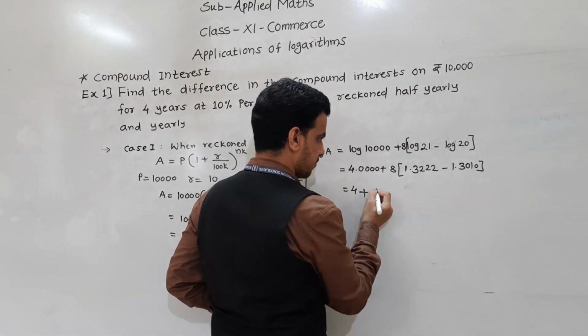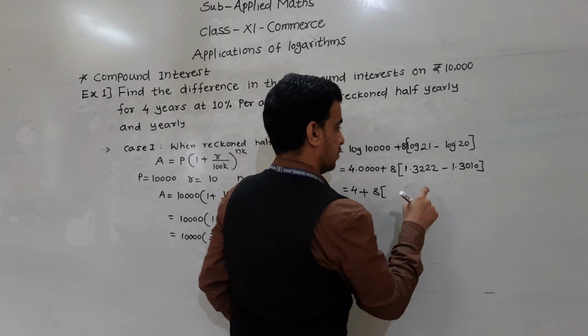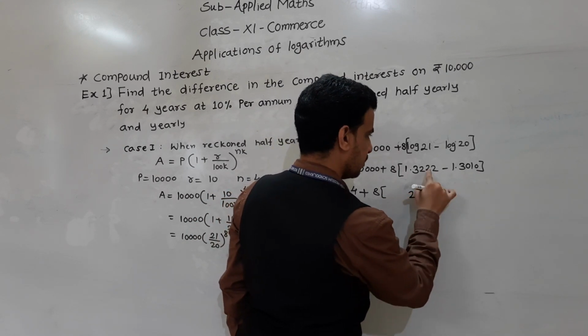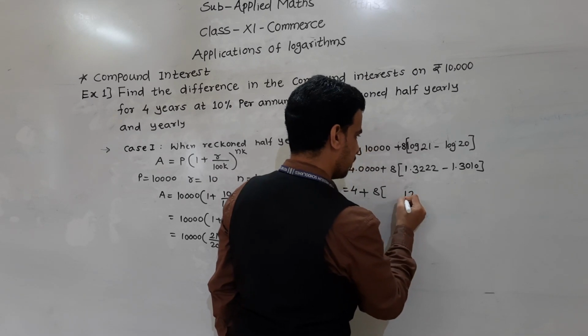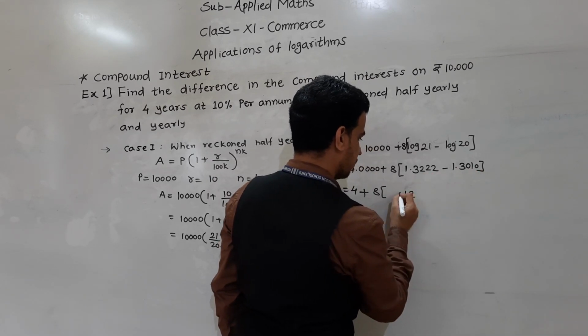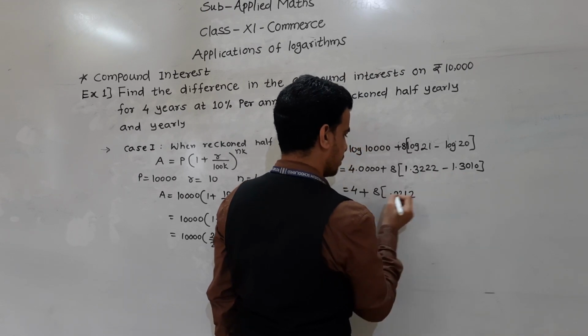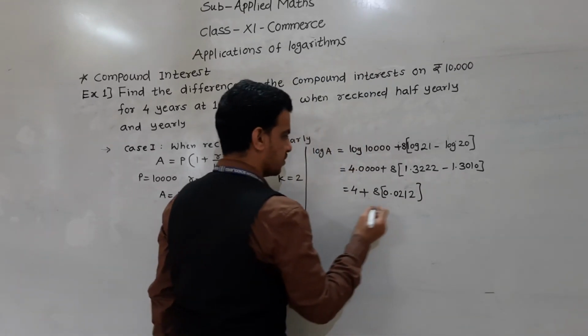So 4 plus 8 into, now this, 2 minus 0 is 2, 2 minus 1 is 1, 2 minus 0 is 2, 3 minus 3 is 0, and 1 minus 1 is 0. So it is 0.0212.